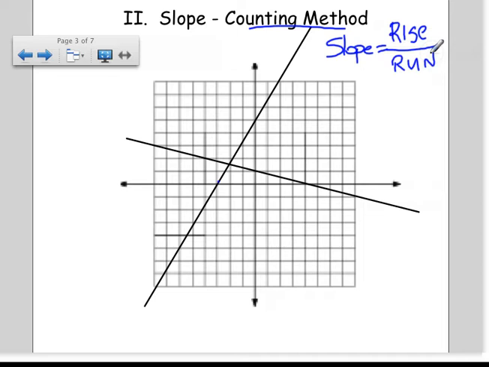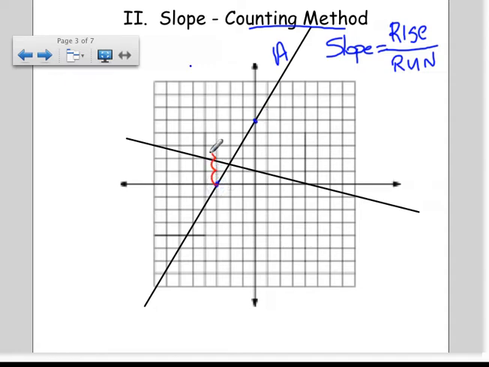So in order to find the slope of this first line, we'll call this line A, I'm going to find usable points on this line and then go from there. I can start on the x-axis and go all the way up to this point on the y-axis. I'm going to find the rise, which means how many spots do I need to go directly up?